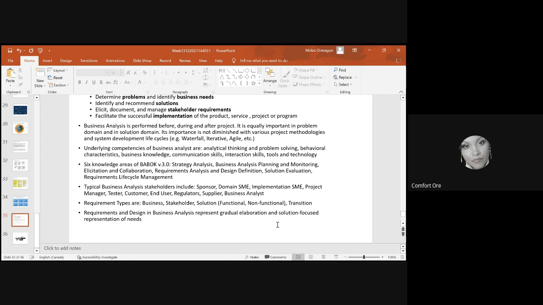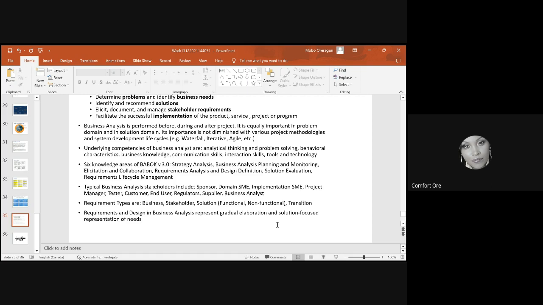The underlying competencies of business analysts are analytical thinking, problem solving, behavioral characteristics, business knowledge, organization, communication skills, interaction skills, and tools and technology. Basically, being a people person and a quick learner is what I would say will be the underlying competency of any business analyst.